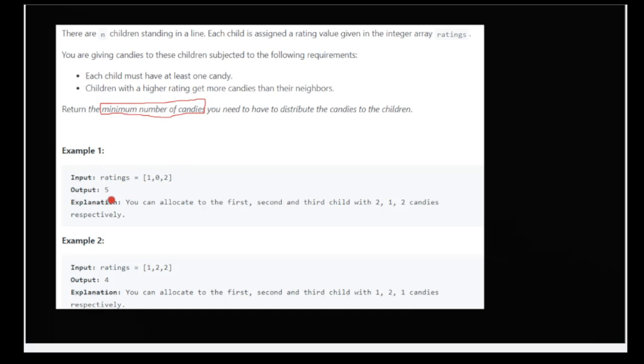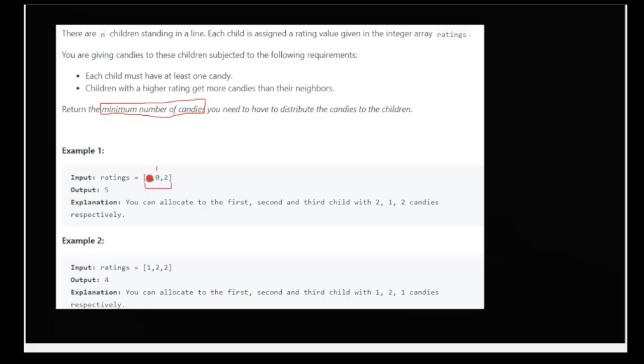And we know n number of people are there. The constraint is about neighbors, so obviously one person will have two neighbors. The one with a higher rating should have a greater number of candies as compared to the neighbors. If we talk about 0 and 1, the smaller one is 0, so it should have less, and at least 1 is required, so 1 should be here.